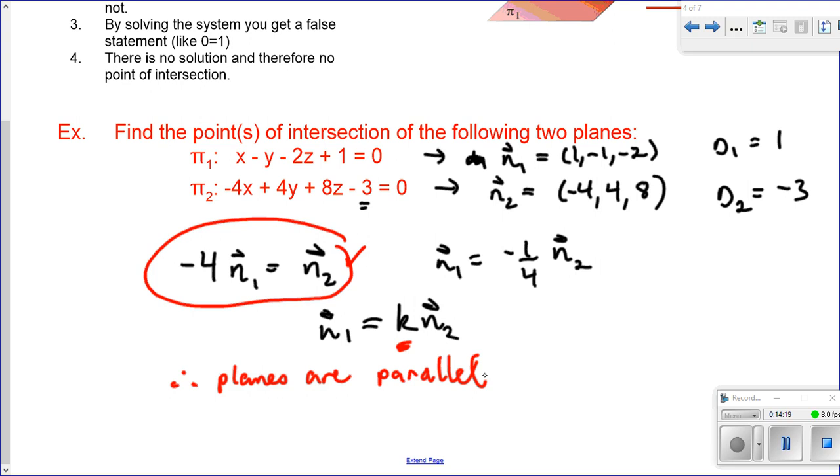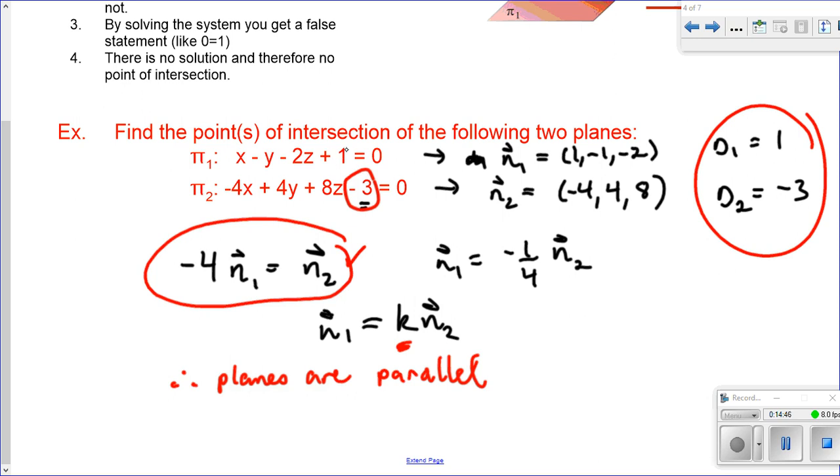Now I'm down to two cases. They're either parallel and coincident or parallel and distinct. To figure that out, we need to focus on the D values. These D values are like intercepts. They tell you where the planes are positioned. This plane, with -3, is positioned 3 units down from the origin, and this one is 1 unit above.